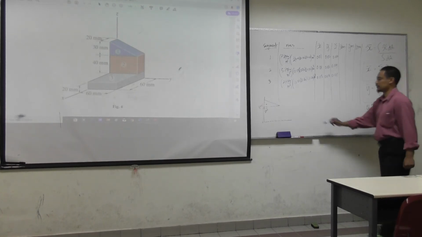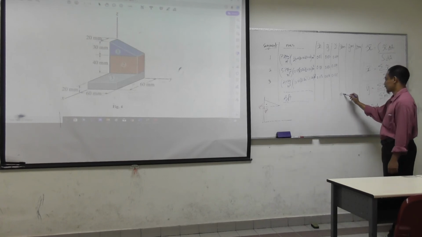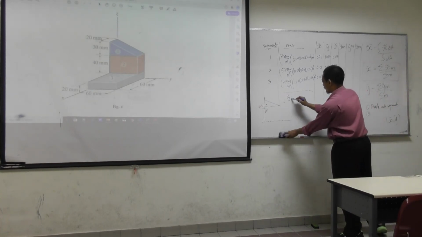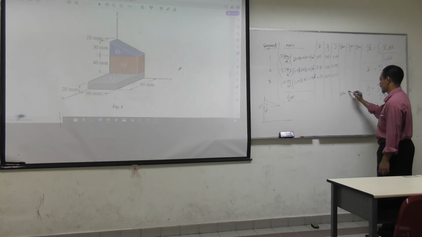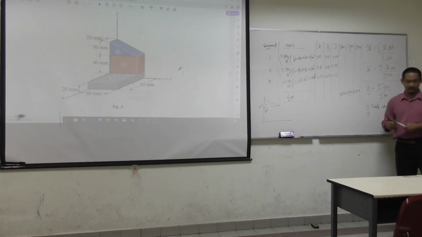Right, and the rest is just summation of A here, summation of x bar A, summation of M here, summation of x bar M, summation of y bar M, summation of z bar M. Then you plug into the equation. From the midterm you should know already that even the equation has its own mark. So do not skip that, because that is the static part. This one is just mathematics.